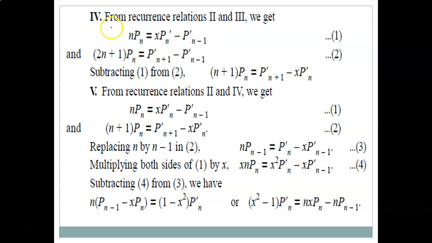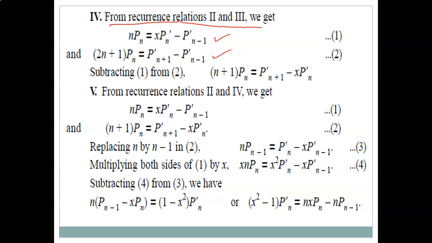The fourth relation can be obtained using relations 2 and 3. Relation 2 was this, and relation 3 is this. Now subtracting, but first we go back to relation 4. What did we want to prove?